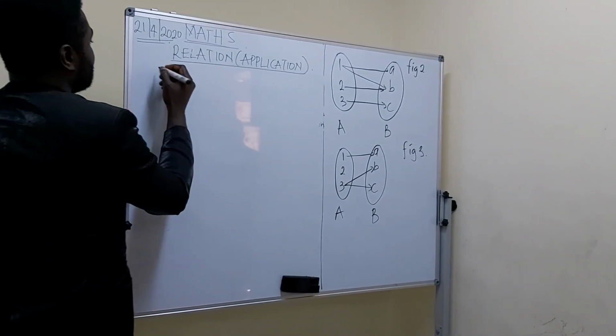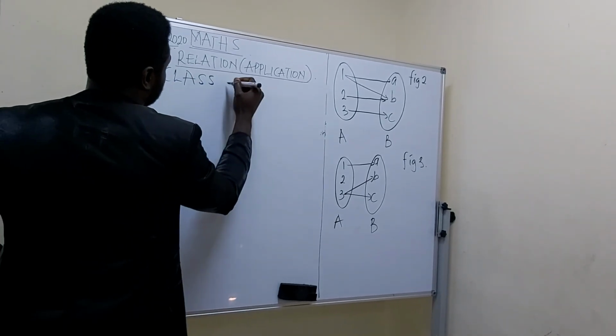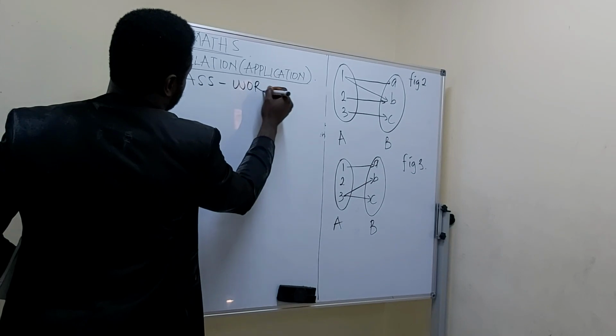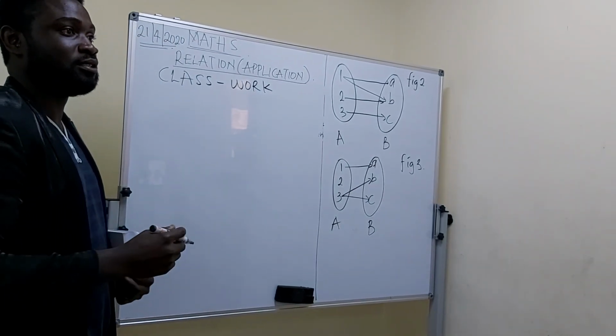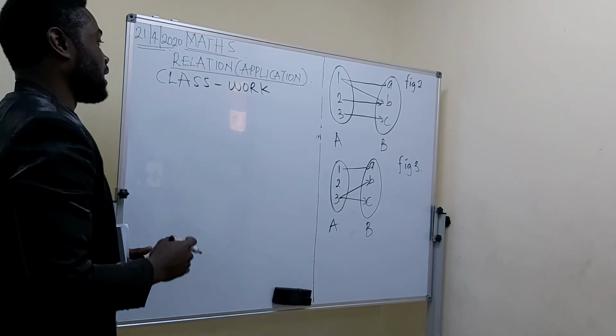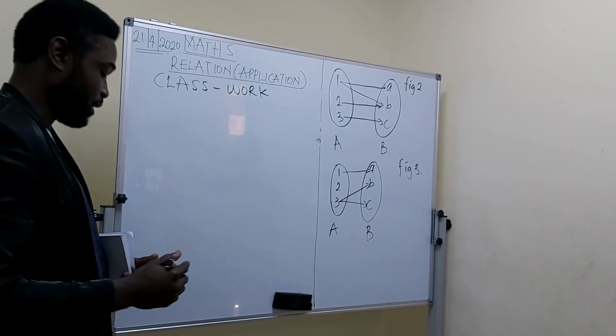So, this will be the class exercise or classwork. Now I will draw some diagrams on the board. The only thing you need to show me with these diagrams is to tell me if it's an application or a relation. Okay?